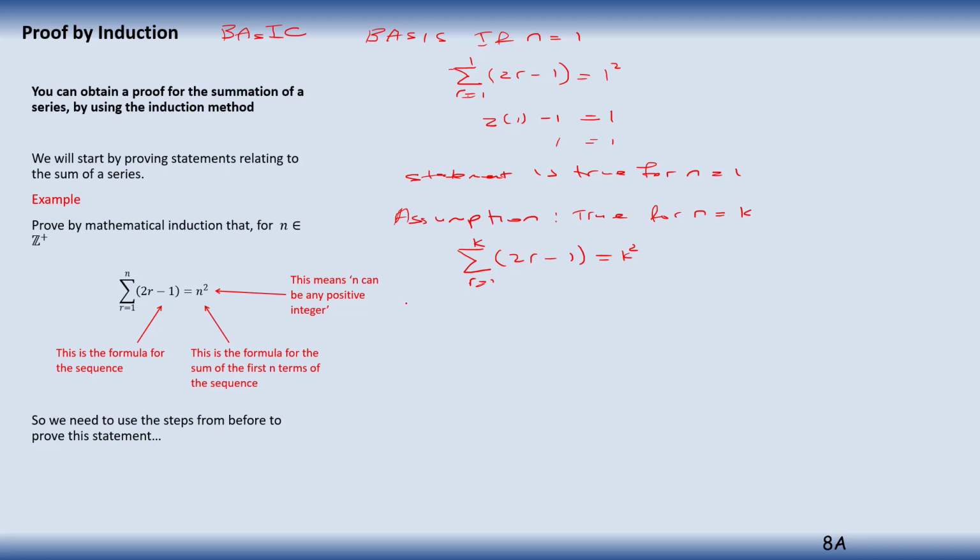So if we expand this, what we get is when r equals 1, 2 times 1 minus 1 plus 2 times 2 minus 1. Oops, don't need the brackets there, but I've committed to it now. Plus 2 times 3 minus 1, and so on, all the way up to 2 times k minus 1.